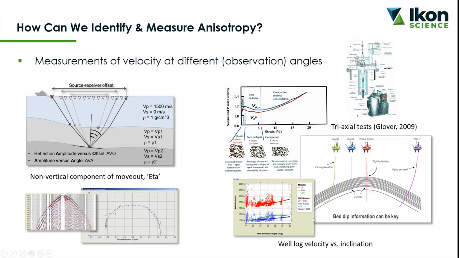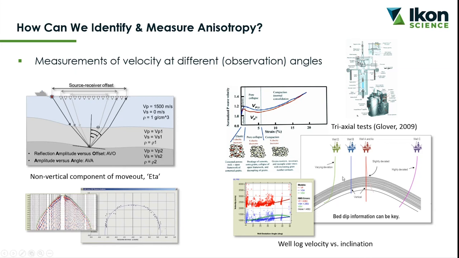Moving downscale again, we could go and look at the actual well log velocities themselves, which are typically acquired at a 6-inch or so scale. And particularly in the cases where we have multiple wells, which are drilled perpendicular and oblique to the layers that we're drilling through.